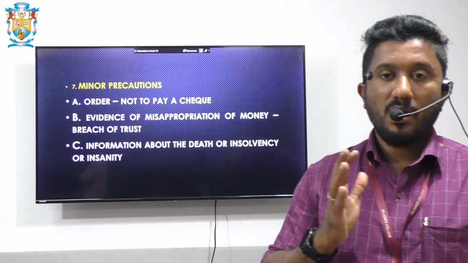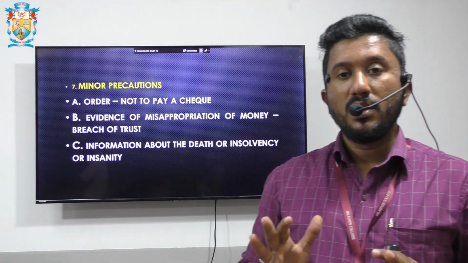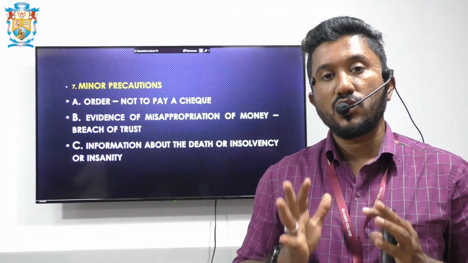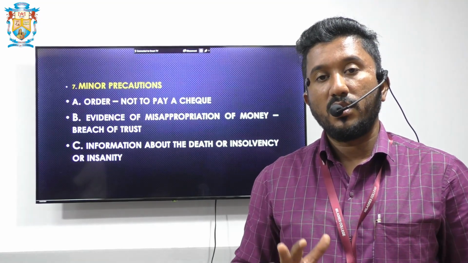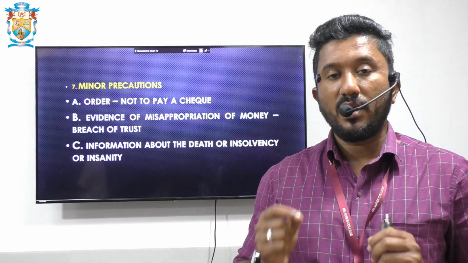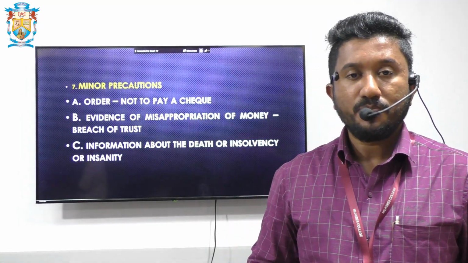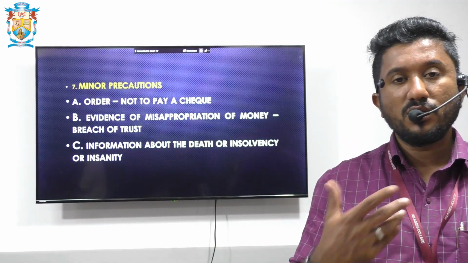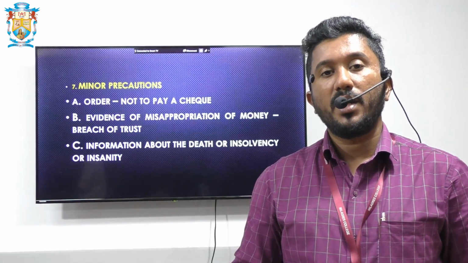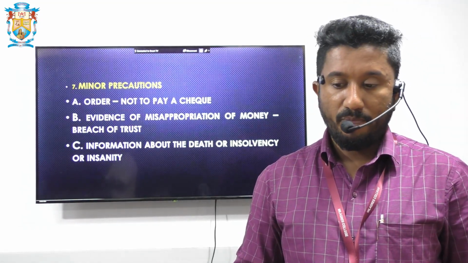Sometimes the customer asks the banker not to pay that check. So immediately the banker has to stop payment on that check. Immediately they have to take action and stop. Maybe the check has been issued but later the customer wants to stop the payment. So when the customer asks, the banker must immediately stop the payment.